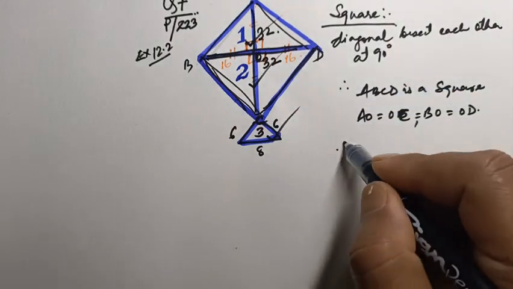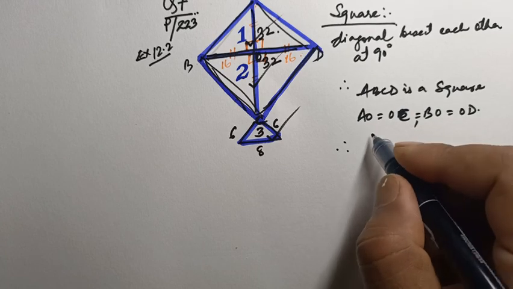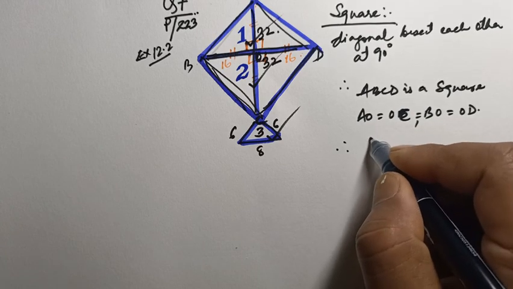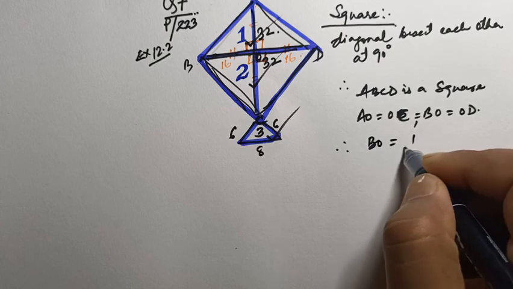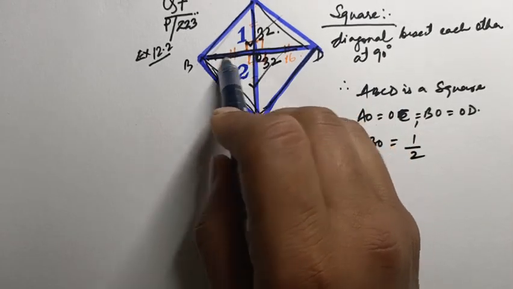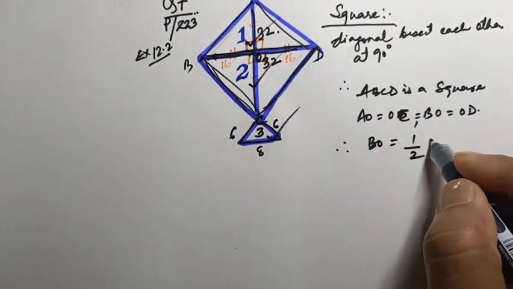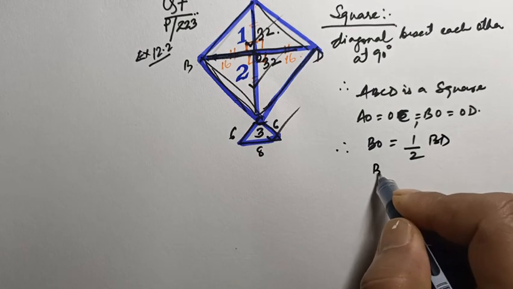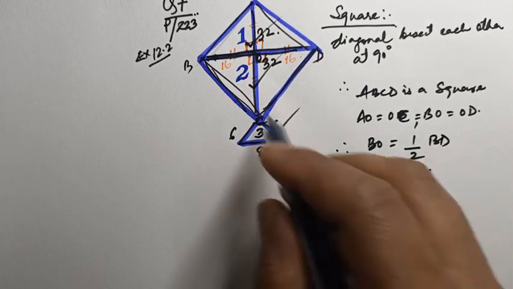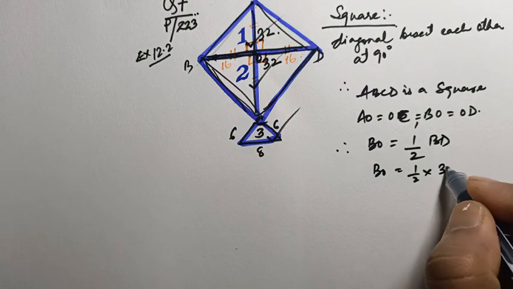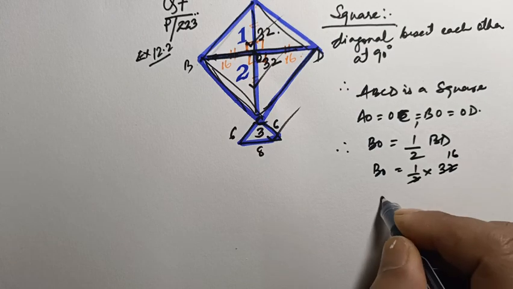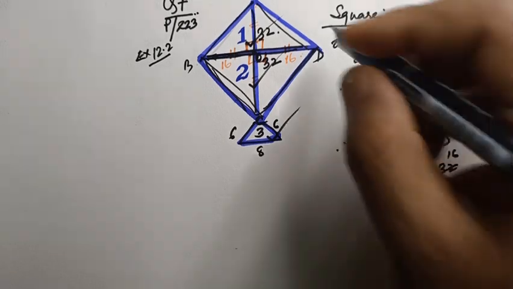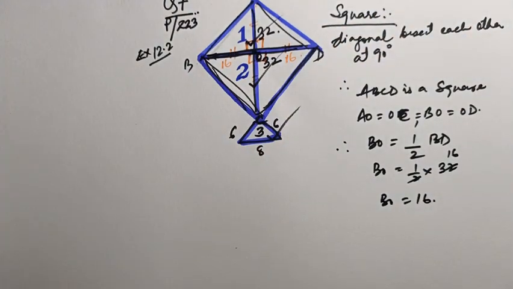Each part will be equal, and BO would be equal to half of BD. BD is 32, so BO is equal to 16. So each part would be 16.